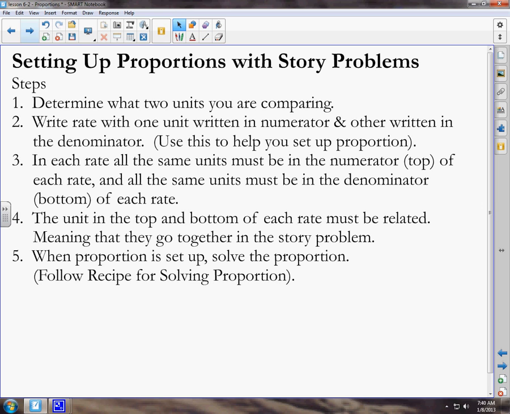Use this to help you set up a proportion. In each rate, all the same units must be in the numerator of each rate, and all the same units must be in the denominator of the other rate. The units in the top and bottom of each rate must be related, meaning that they go together in the story problem. And when a proportion is set up, solve the proportion.